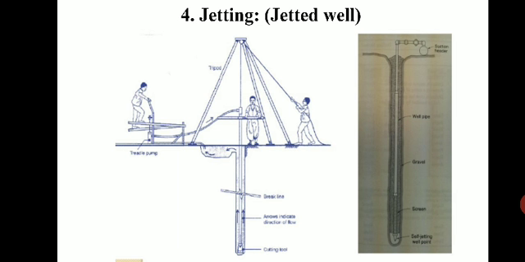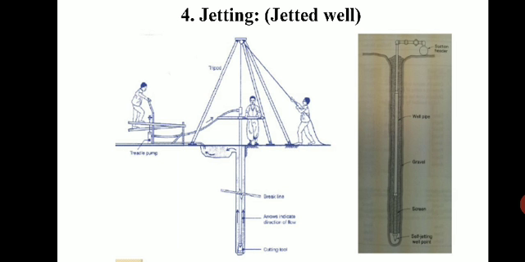So what is done in jetting is, this uses a chisel shaped bit which is attached at the lower end of the pipe string. The hole on each side of the bit serves as a nozzle, and the water jetting through these nozzles keeps the bit clean, and it helps loosen the material which is being drilled.